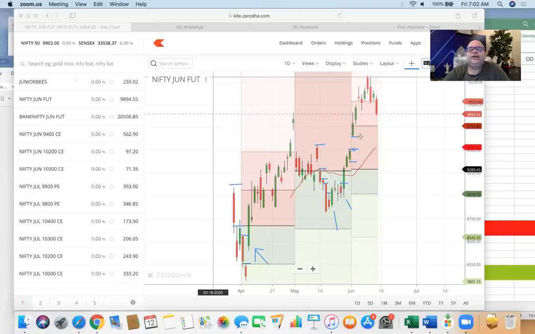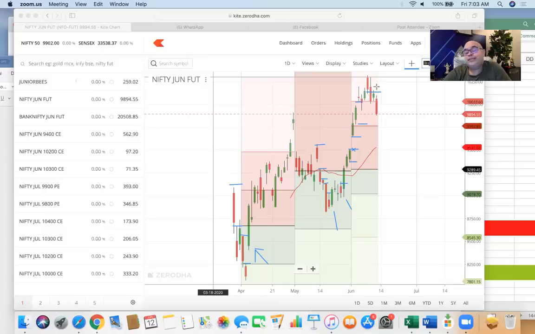Then you had a sell at the higher low, then at the higher low, then at the higher low. This was the first signal. First signal you ignore. The second signal, if you took it here, it started to work in your favor.